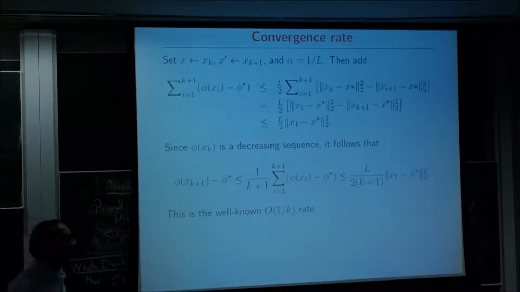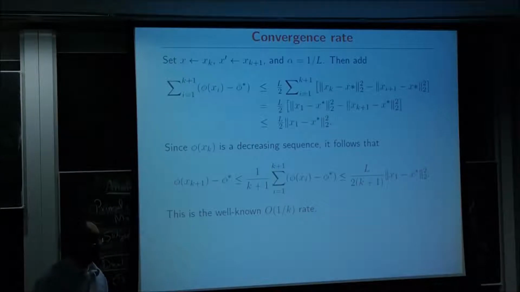But the analysis is quite clean, I think. It's not as messy as the analysis of other such methods, but unfortunately this, along with the subgradient method analysis, are amongst the only such simple analyses. The others are much messier. But this is the famous 1 by k rate.